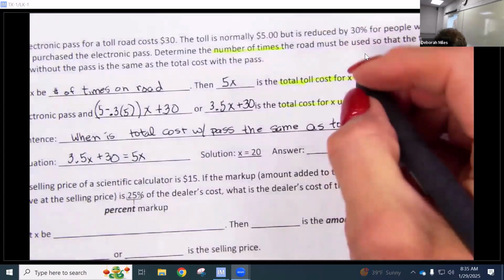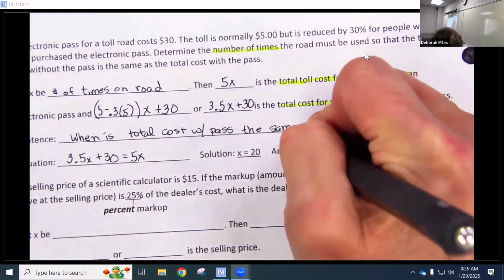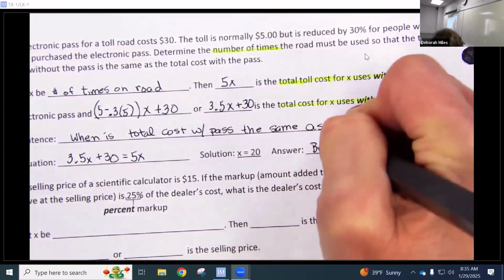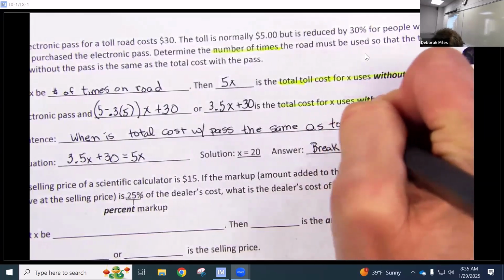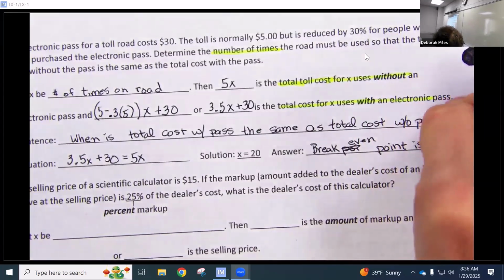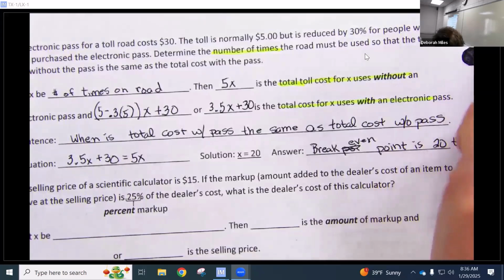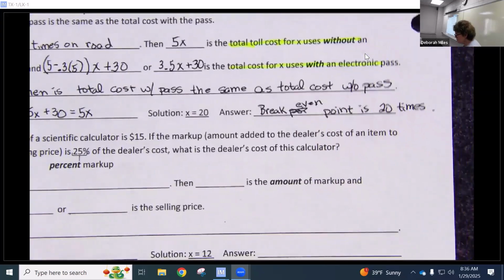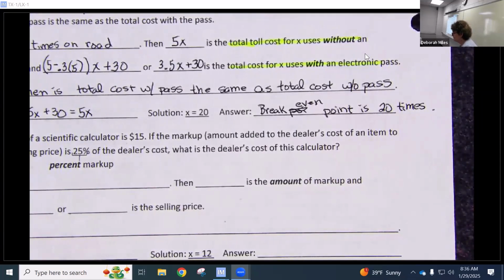So the answer is, I would make a complete sentence, but I'm just going to say break even point is 20 times. I'll write it up officially in my report in a complete sentence.